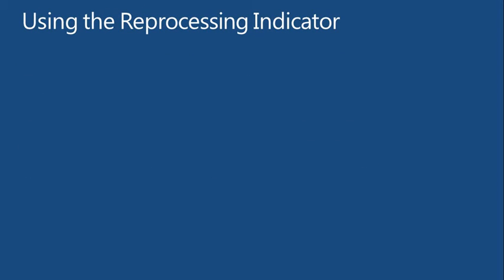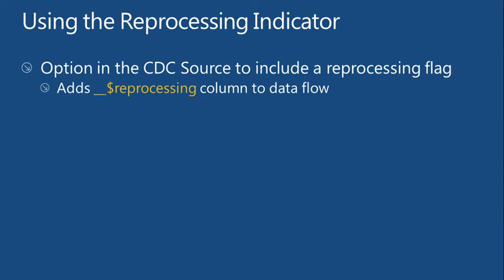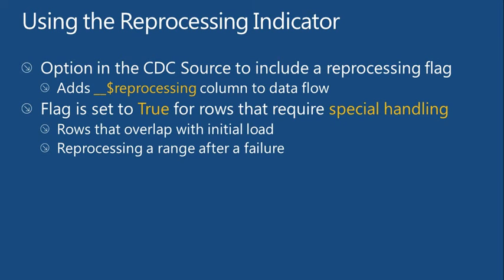So that first scenario that I was talking about, where there are actually changes going on in your database while you're doing the initial load, CDC tasks do handle that, and there's a special flag called the reprocessing indicator. Okay? You'll see that in the source. When you enable this, it's going to add an extra column called reprocessing to the data flow.